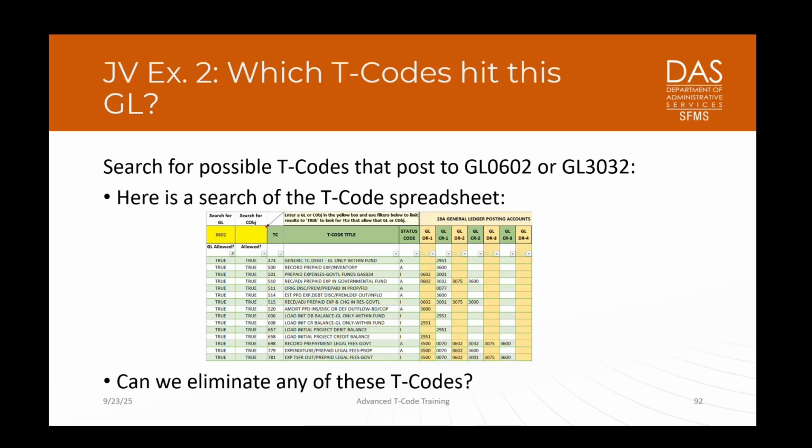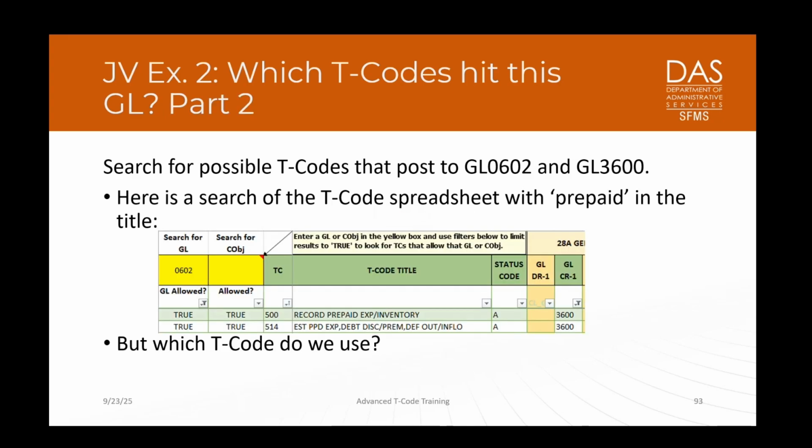So always filter inactive ones away so you can land in a better situation. And again, we want to focus on 400 and 500 series in these scenarios. Looking at this, we have identified two T codes, 500 and 514, that will look good for this scenario.